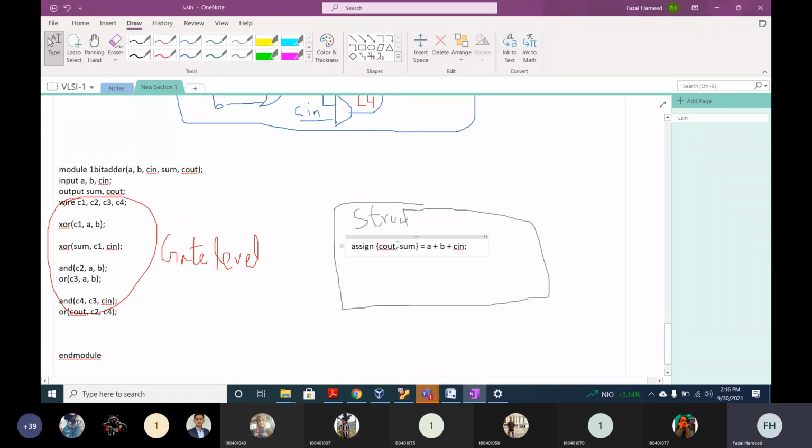Now it's the same adder. So this is the gate level description, and this is the behavioral description. You got my point or not? The difference. For the same adder, this is the gate level description. So which one is more detailed, gate level or the behavioral? Gate level is lower level and more detailed.